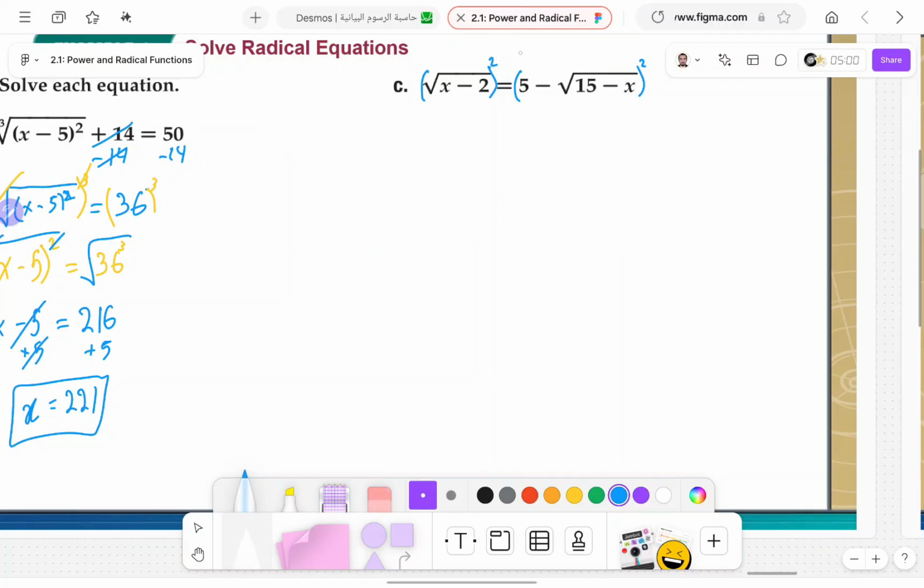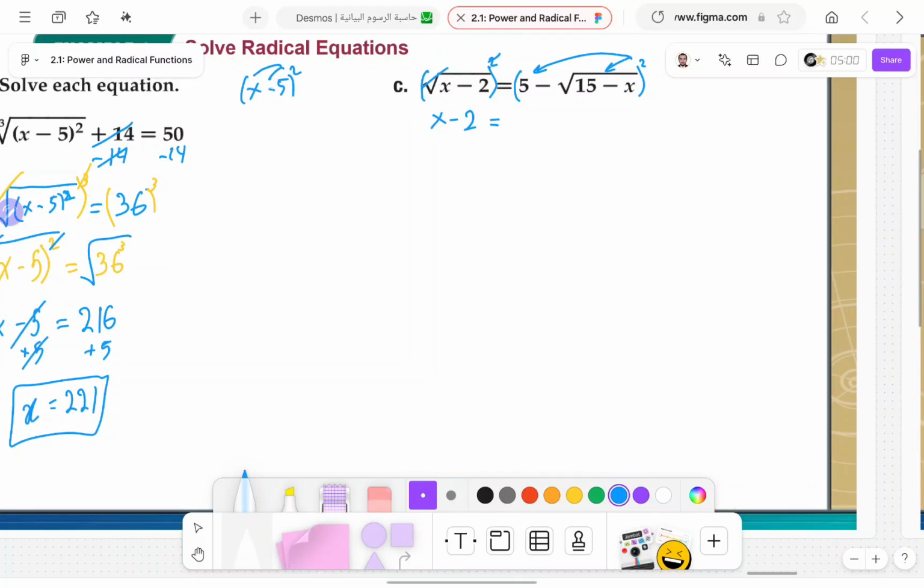Now let's cancel the square with the square root, so it becomes x minus 2 equals. Now as you can see, this bracket, I can't distribute the 2 onto this and this. This is wrong. You can't do that, because when I gave you this equation, I told you to simplify it.